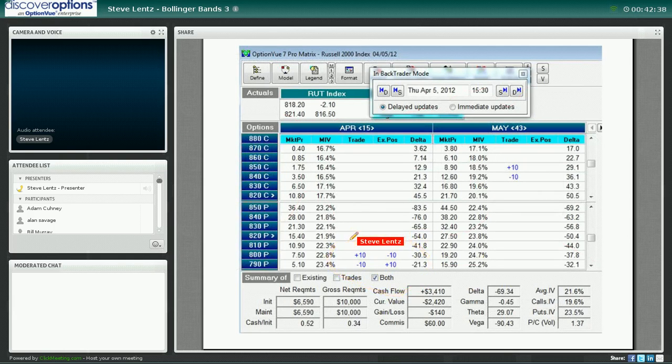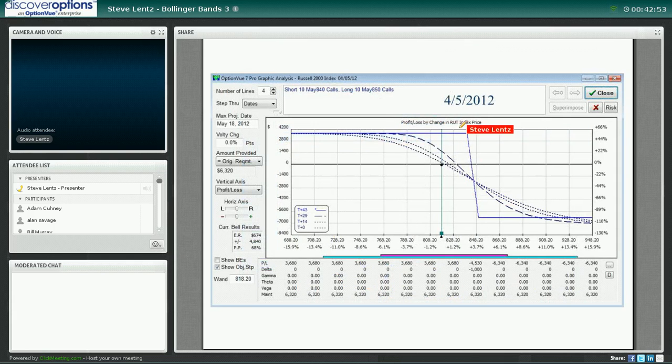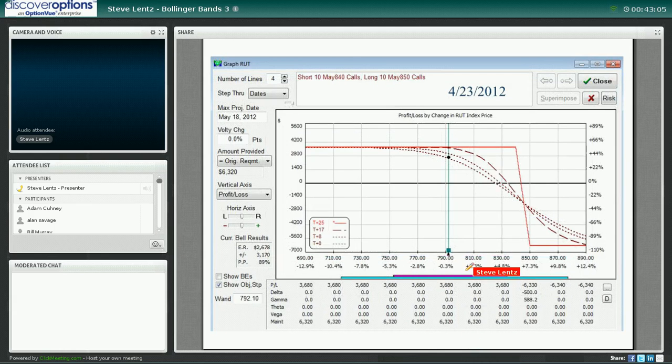Let me show you how that played out. We're going to close this trade out, come up here to the 840 in the first month with over 21 days. That's in May. We put this on, and as soon as we can get a third of this credit or better, and I kind of ballpark this walking forward, here we are on April 5th. The market did go down, and time did go away on us, and so we ended up taking off the trade when we had about two-thirds available right there.